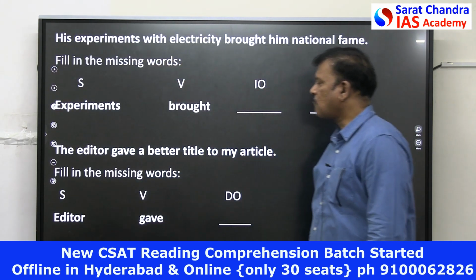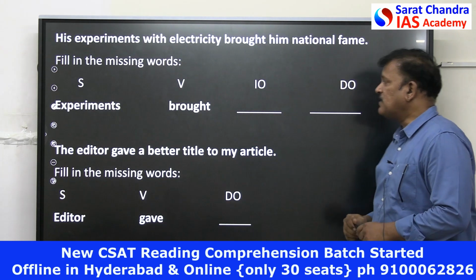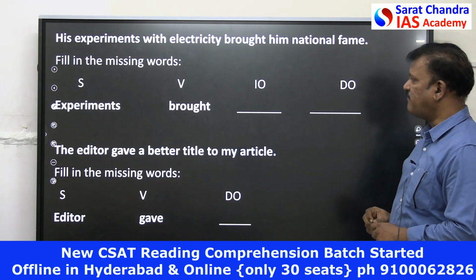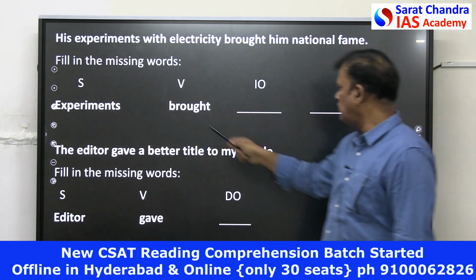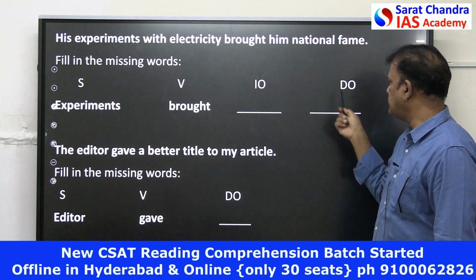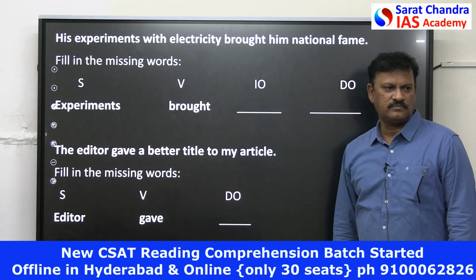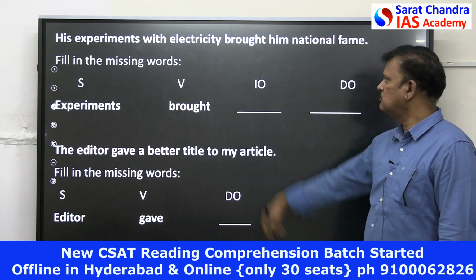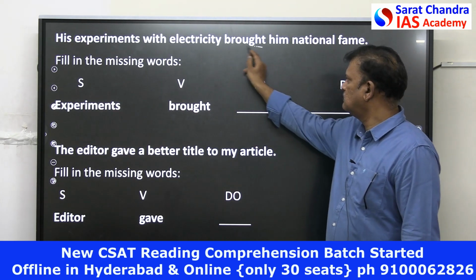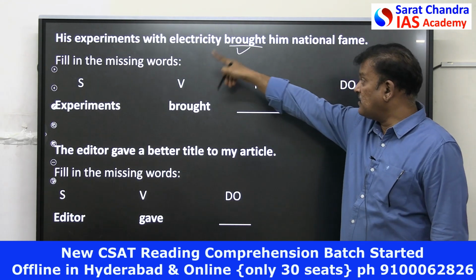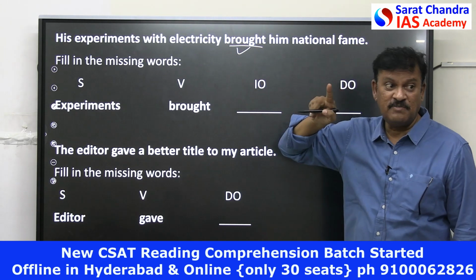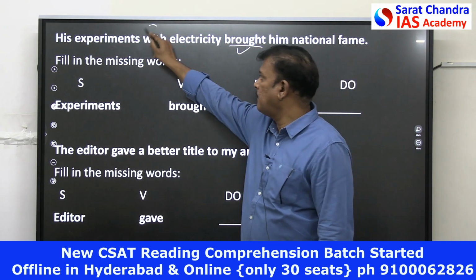Next. His experiments with electricity brought him national fame. He has already given subject, he has given verb, asking you to give indirect object and direct object. Okay, now his experiments with electricity. There is an extra information. Where is extra information?